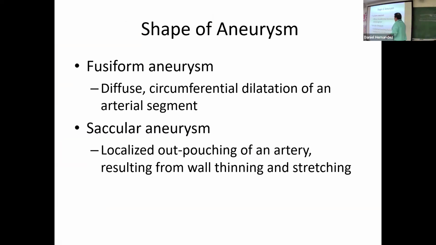So these are the shapes of true aneurysm. When we're talking about true aneurysms, there's two distinct shapes. There's a fusiform aneurysm, which means that the dilatation is diffuse and circumferential, so all walls are dilating equally. Versus a saccular aneurysm, where you get a localized outpatching of that artery.